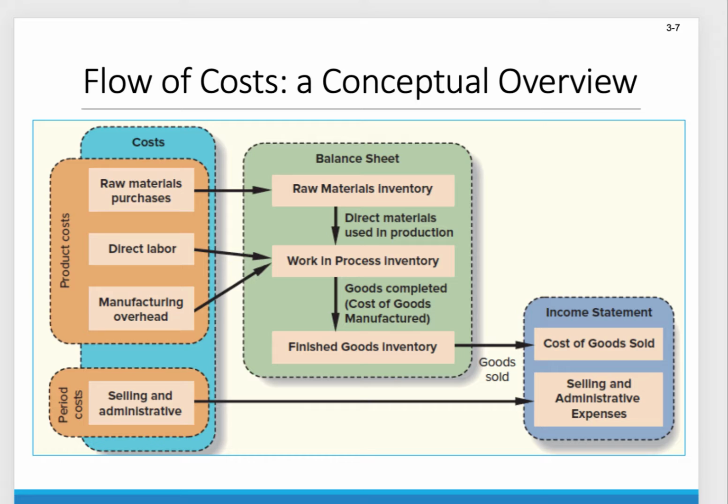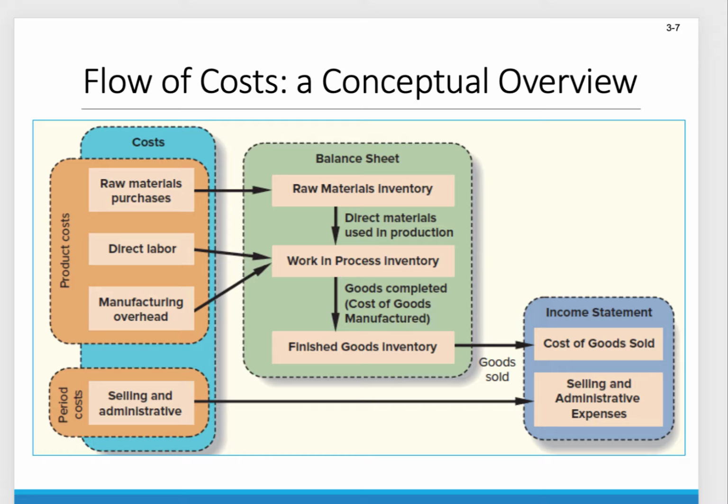Then we incur direct labor costs, and we allocate or charge manufacturing overhead. Where does that go? That always goes to work in process, which I'm going to call WIP, W-I-P. It stands for work in process inventory. So we purchase raw materials, and they flow to the balance sheet under raw materials inventory.